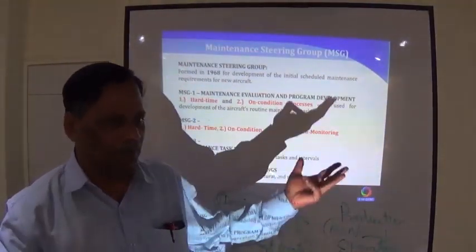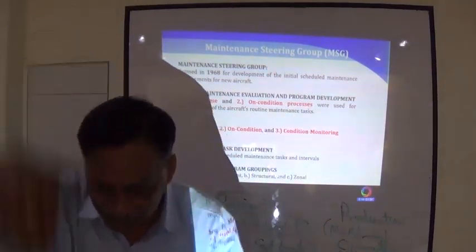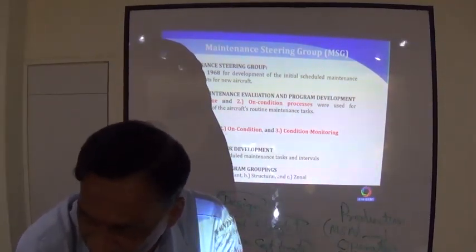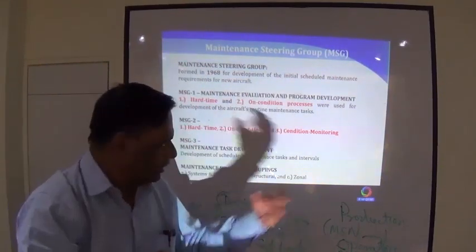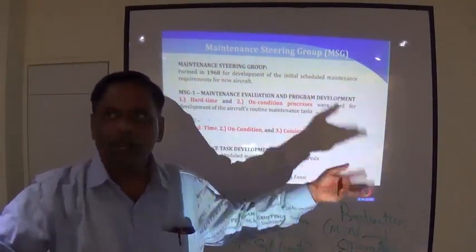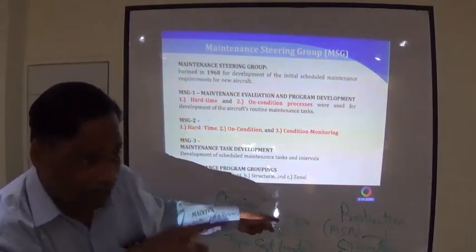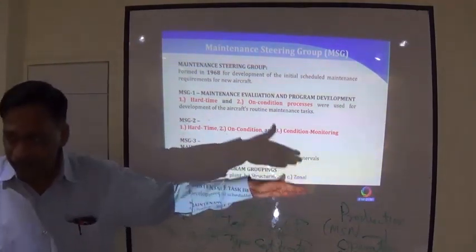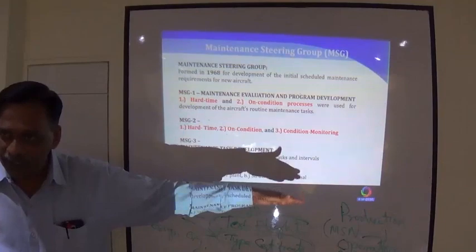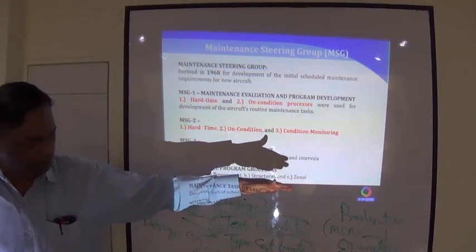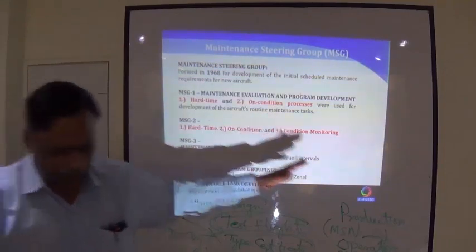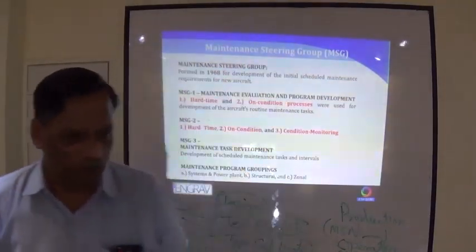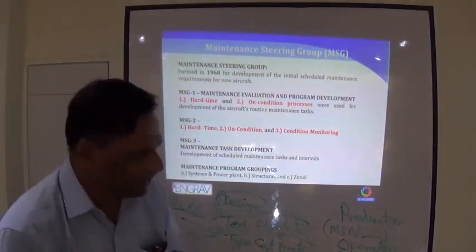Nobody knew what had happened, and ultimately it ditched into the sea. Everybody died. Investigation found that there is something called an angle of attack indicator, that alpha which I told you about, a sensor fitted outside the aircraft. That was malfunctioning and giving wrong inputs into the autopilot system.